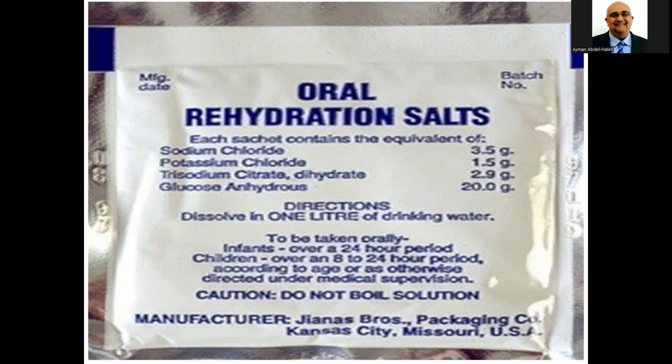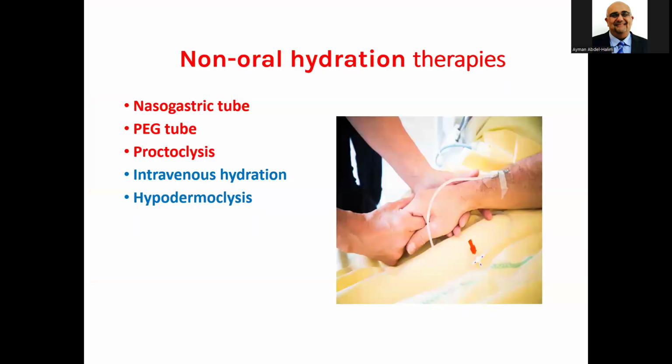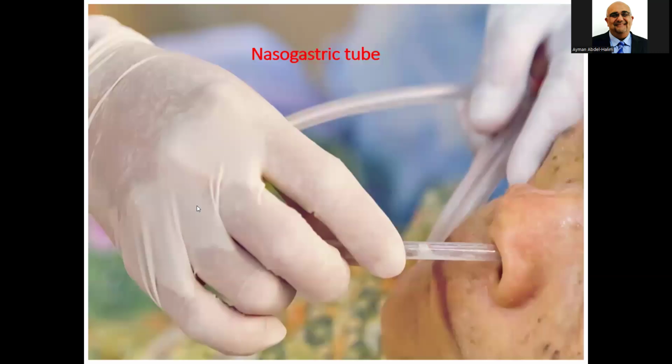This way, you replace both the water and the electrolytes needed. Non-oral rehydration therapies include nasogastric tube, PEG tube, proctoclysis, intravenous hydration, and hypodermoclysis. The most famous are the intravenous and the hypodermoclysis.